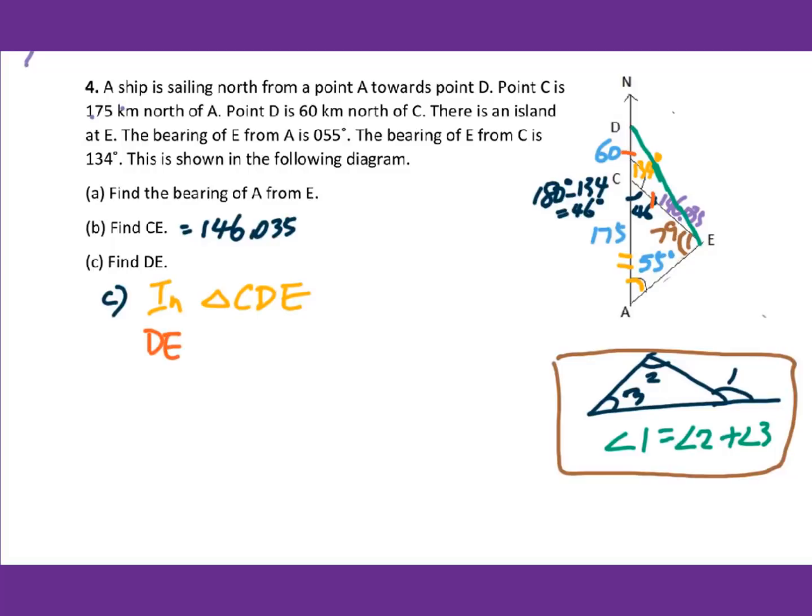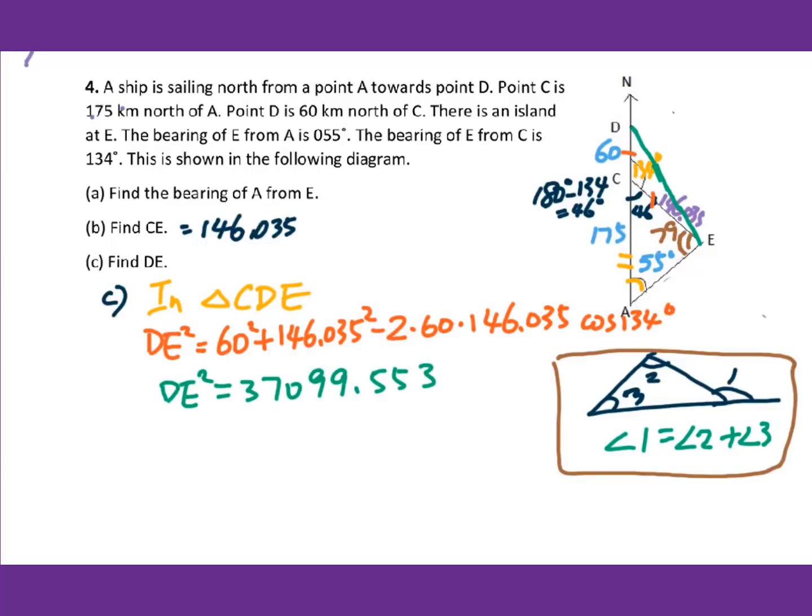We got DE squared equals 60 squared plus 146.035 squared minus 2 times 60 times 146.035 times cosine 134 degrees. After you get DE squared, you do the square root of both sides. Then we got DE equals 192.612 kilometers.